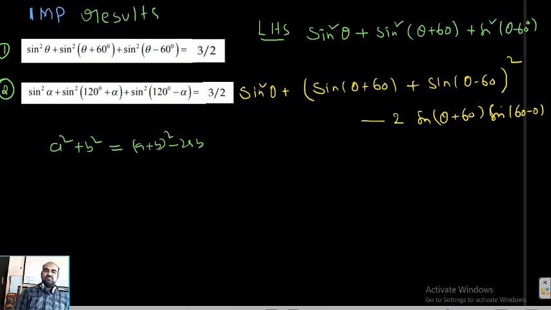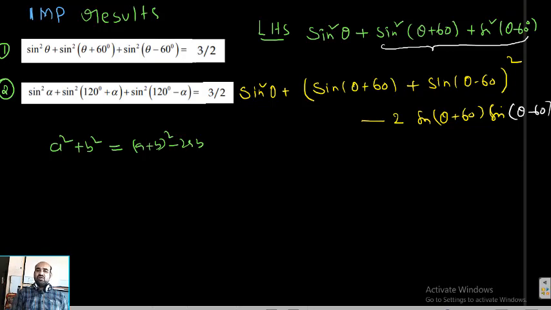So what I did, I wrote this as sin of theta plus 60 plus sin of theta minus 60 whole square, minus 2 sin of theta plus 60 into sin of theta minus 60. Better is theta minus 60, because sin of minus theta is minus sin theta, so that's why I want to change it to theta minus 60.